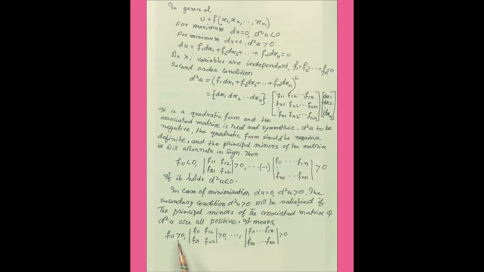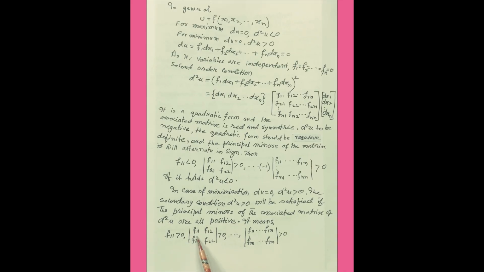It means f11 greater than 0, positive, then the determinant of f11, f12, f21, f22 is positive. So in case of minimization, the principal minors of the associated matrix of d square u should be all positive.